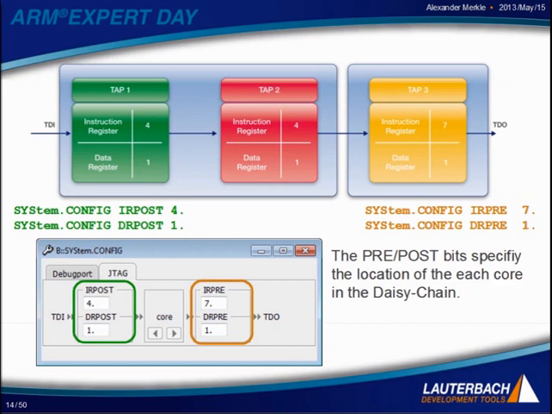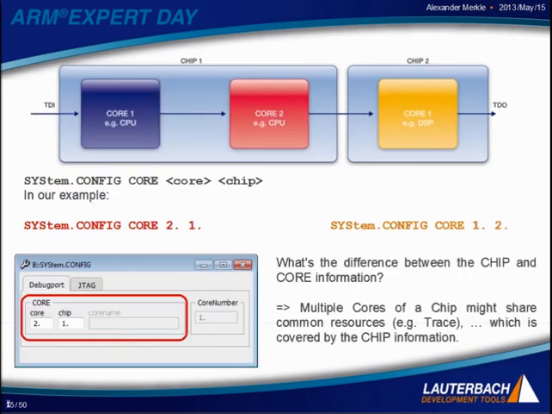But another question which might arise: when it's simply one line, the debugger doesn't know about the chip and core information. Is this information necessary for us? Yes. We switch back again to the old view. We have one chip, another chip, one chip with 2 cores, one chip with 1 core.